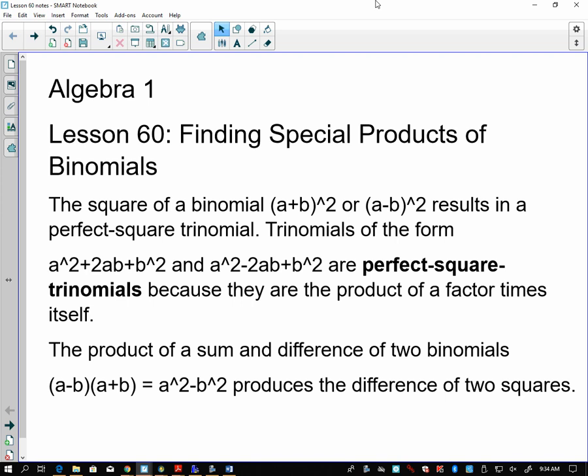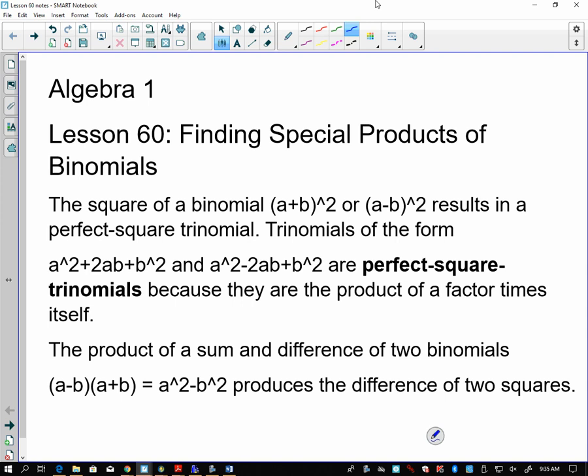Okay, so a lot of this is meant to save you time, but it takes some practice to recognize these things. So the square of a binomial, your example here, is a plus b squared. It could be x plus y squared or p plus q squared or x plus 3 squared, something to that nature.